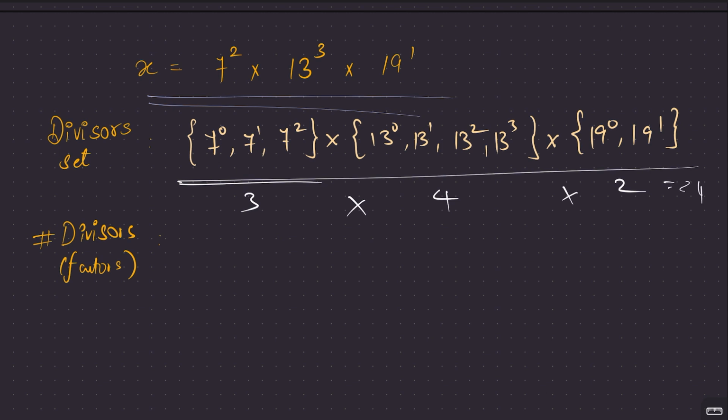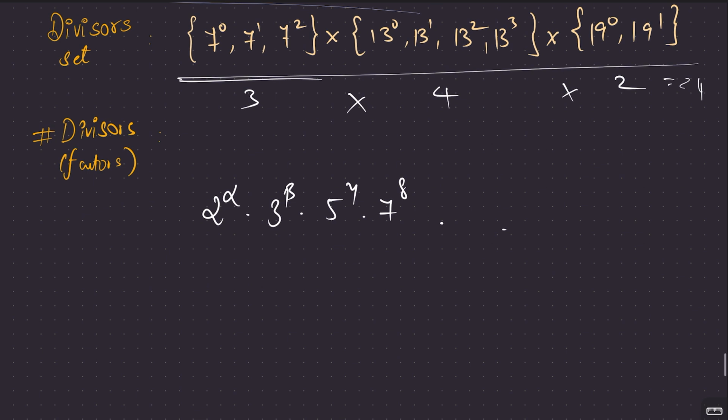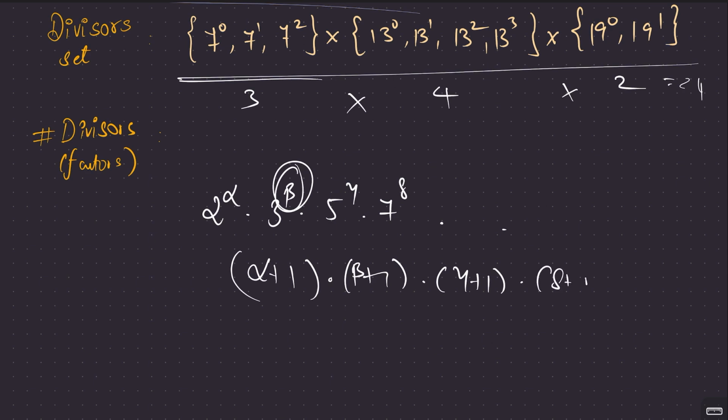If the prime factorization looks like this, 2 power alpha into 3 power beta into 5 power gamma into 7 power delta, and so on, the number of factors that you have is equal to alpha plus 1, because you have alpha plus 1 possibilities here, into beta plus 1, because you have beta plus 1 possibilities for choosing the power of 3, into gamma plus 1, into delta plus 1, and so on and so forth.